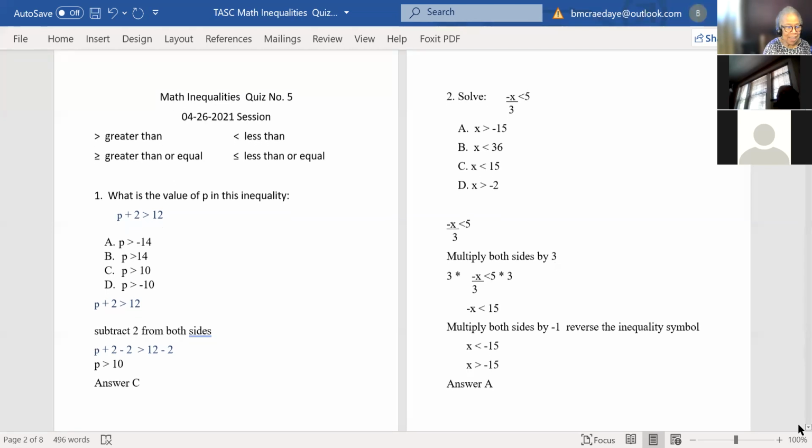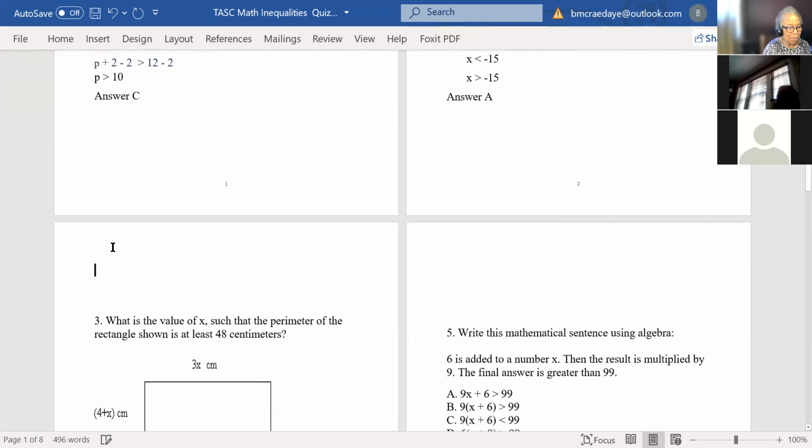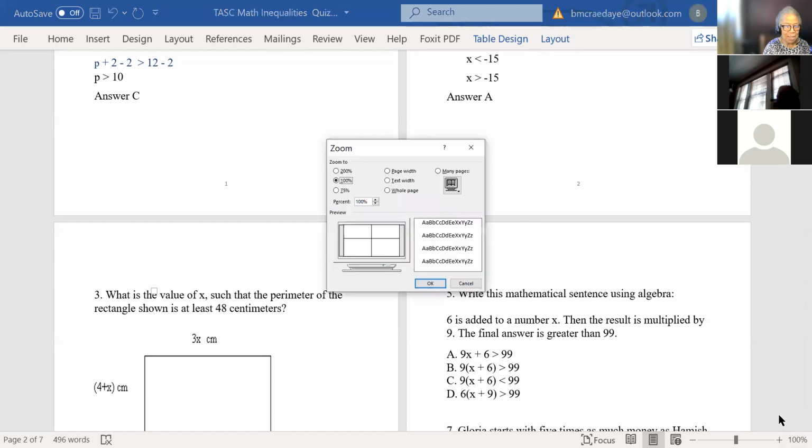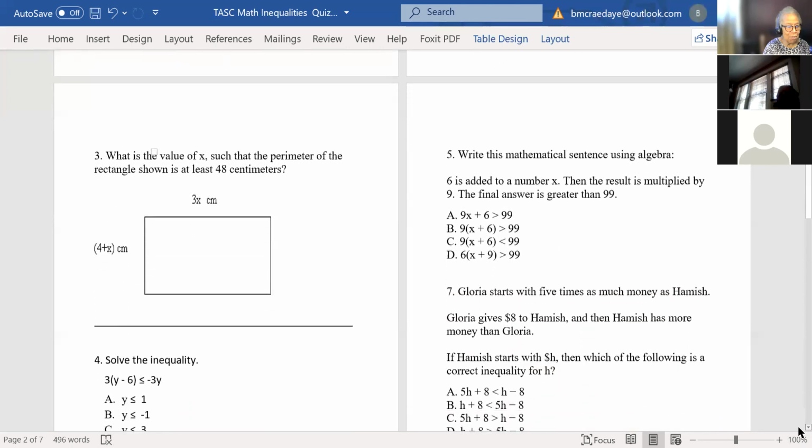Now let's look at number 3. Vanessa, you remember the perimeter formula? What's the perimeter formula for a rectangle? How do you find the perimeter of a rectangle?